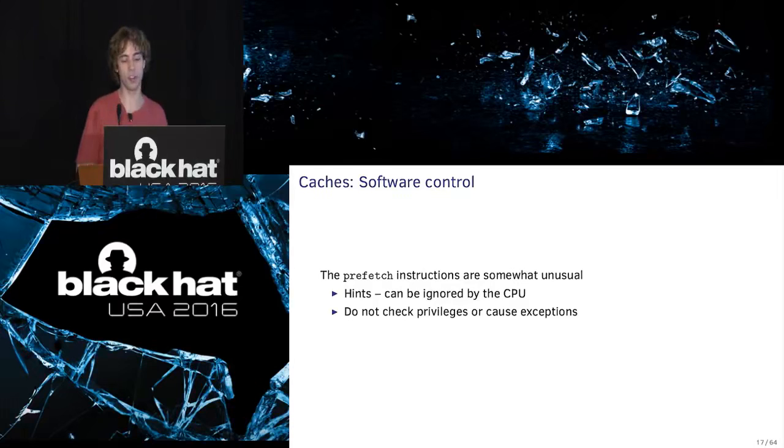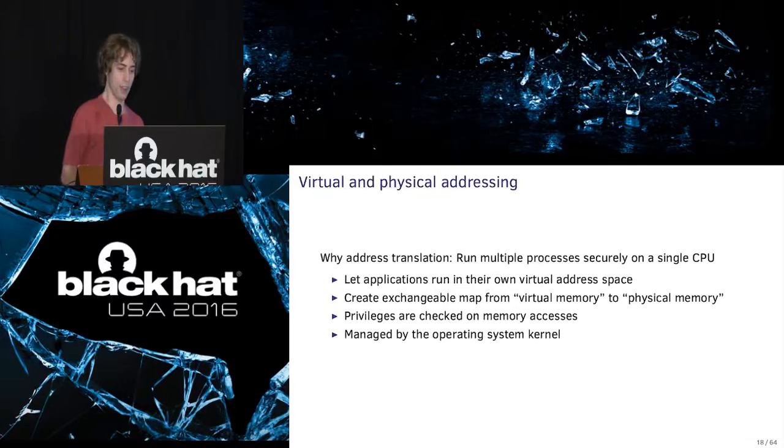The second unusual property is that it is probably one of the few instructions in the Intel manual where it says this instruction does not perform any privilege checks and it does not cause any exceptions. And if you read anything in the Intel manual and it says it does not cause any exceptions, then this sounds a bit dangerous. So why do we actually have this address translation with the virtual and physical addresses?